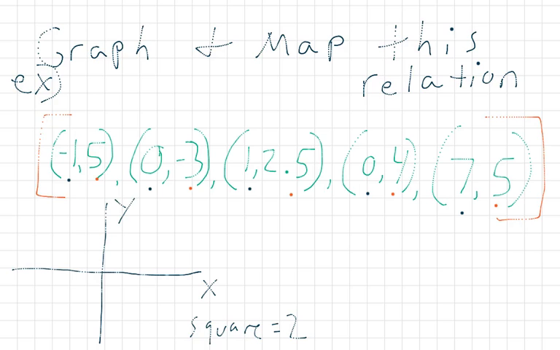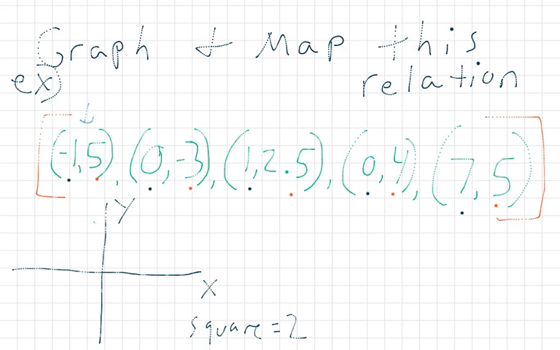Anyways, -1, 5. It's this first point right here. That means I'm going to go over -1/2 because it's by 2 now, and up 5. So up 2, 4, so it's right there. There's my point.